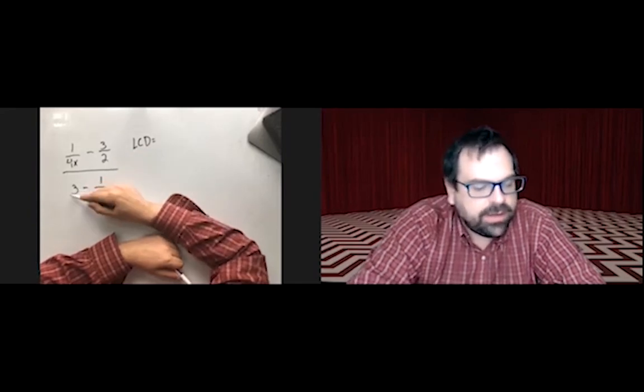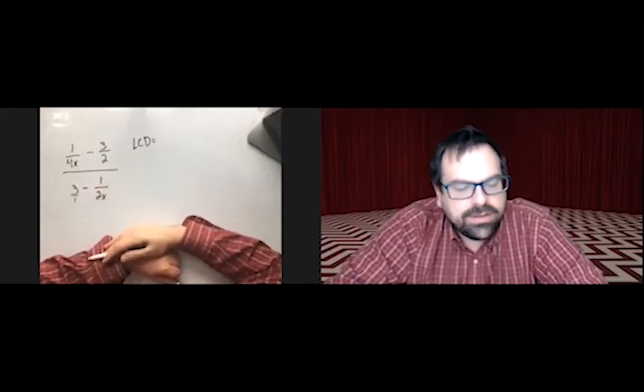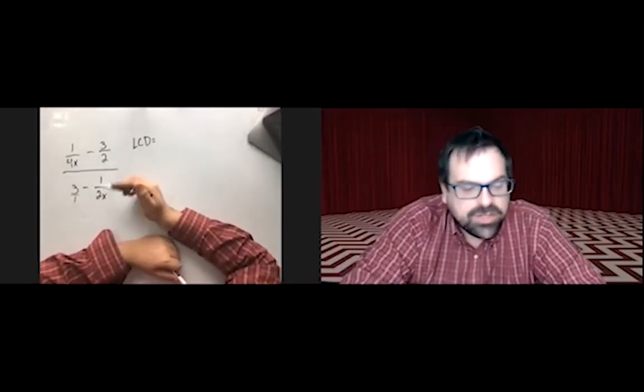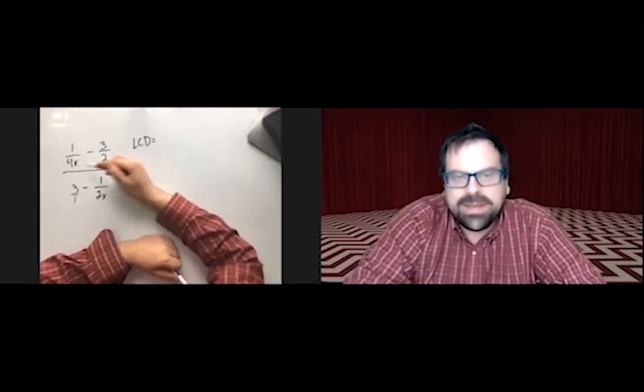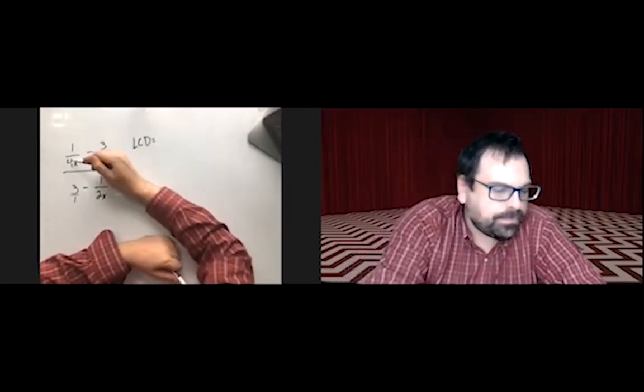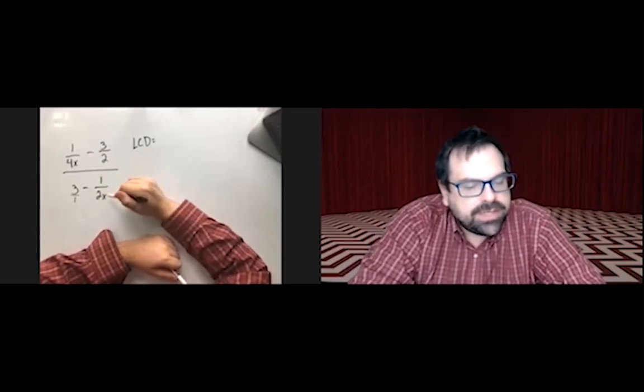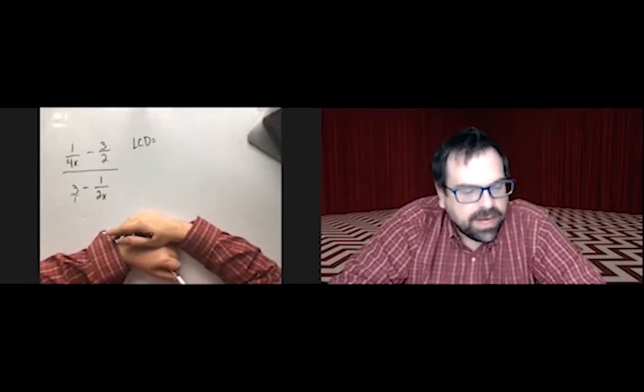Why aren't we looking at 3? Because 3 is 3 over 1. And 1, we can multiply by anything without changing it. That means 1 doesn't really come into play. So 4x, 2, and 2x, the LCD is going to be 4x.